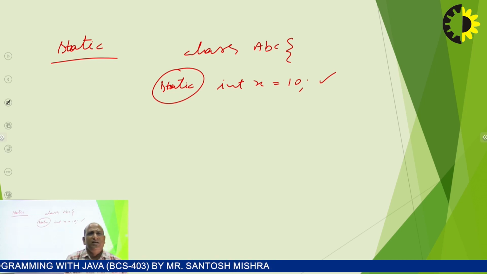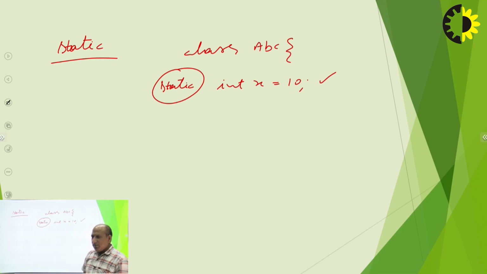If a variable is not static, it's a member of the class, and its copy will be created with every object. But if you make it static, then its single copy will be created. It will not be copied with every object.